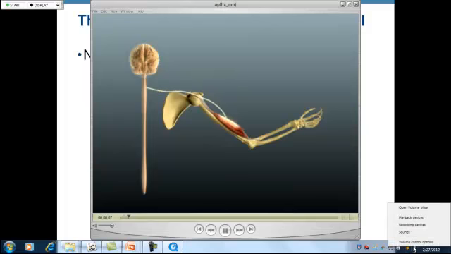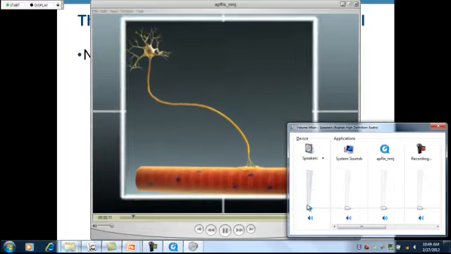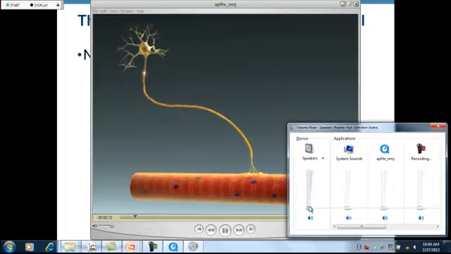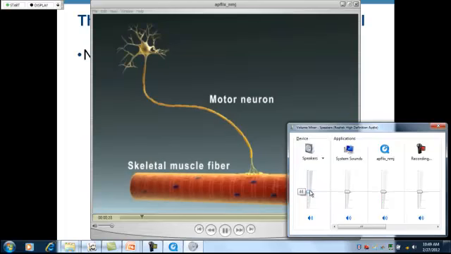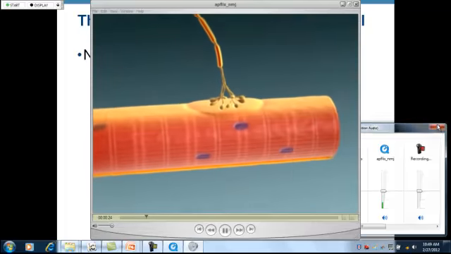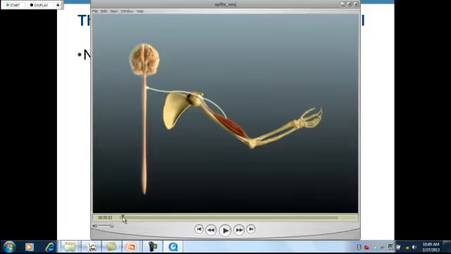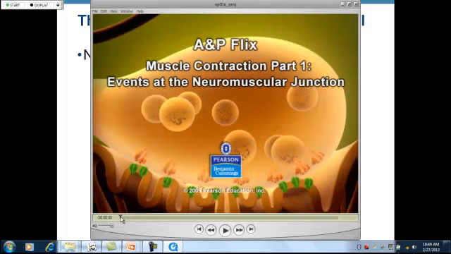Neuron to a skeletal muscle fiber. The site where a motor neuron excites a skeletal muscle fiber. Nerve impulses, also known as action potentials, travel from the brain or spinal cord to trigger the contraction of skeletal muscles.